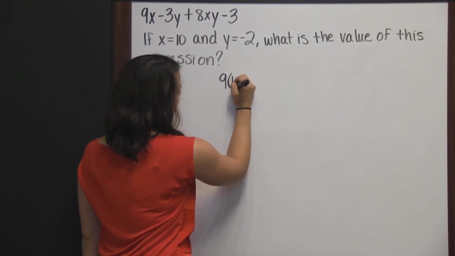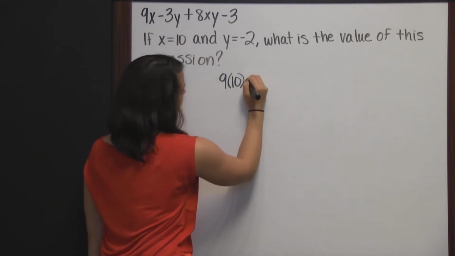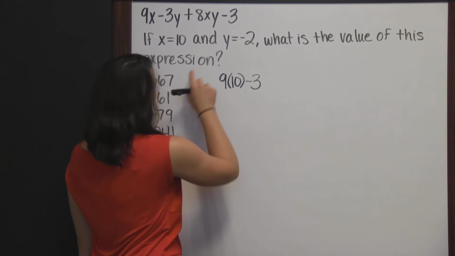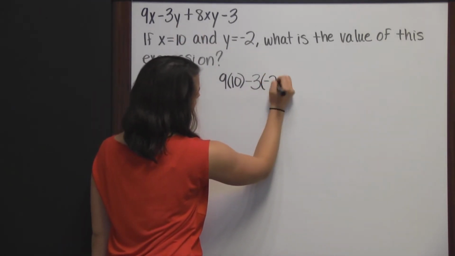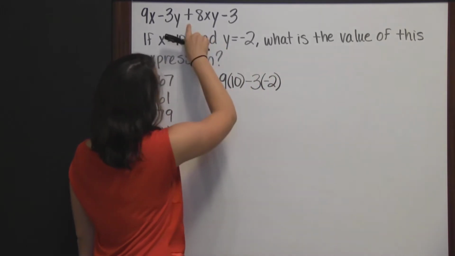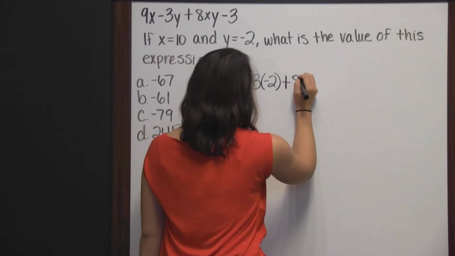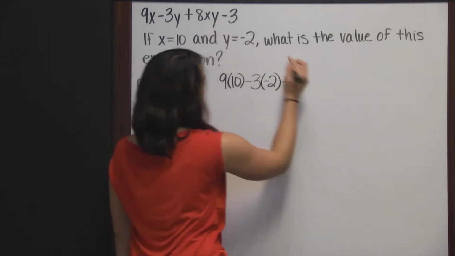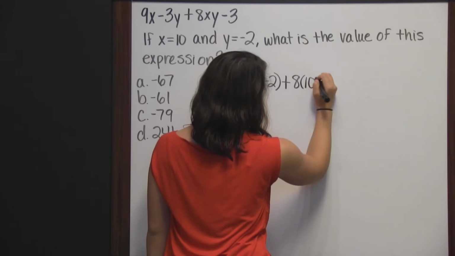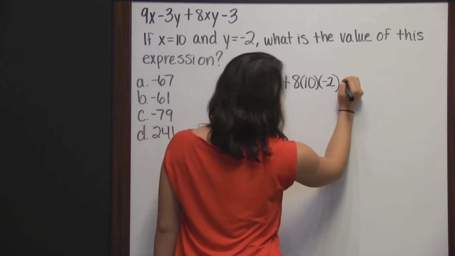So 9 times 10, minus 3 times y, and we're replacing y with negative 2, plus 8 times x times y, so times 10 times negative 2, minus 3.